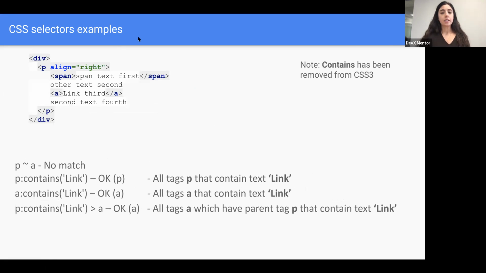CSS selectors examples. So there's more examples. It's the same code, and then we have the first one. Why do you guys think that there is not going to be any match on the first one?